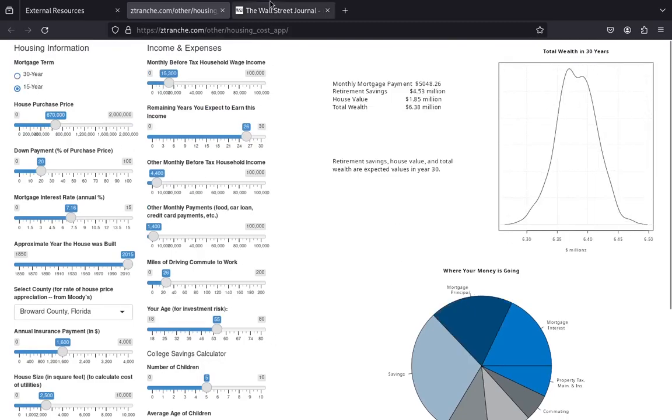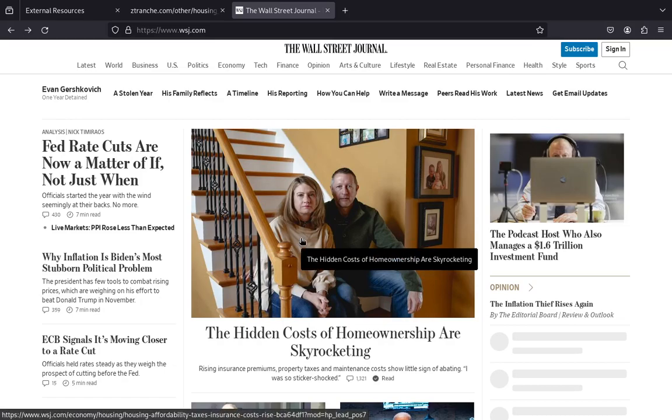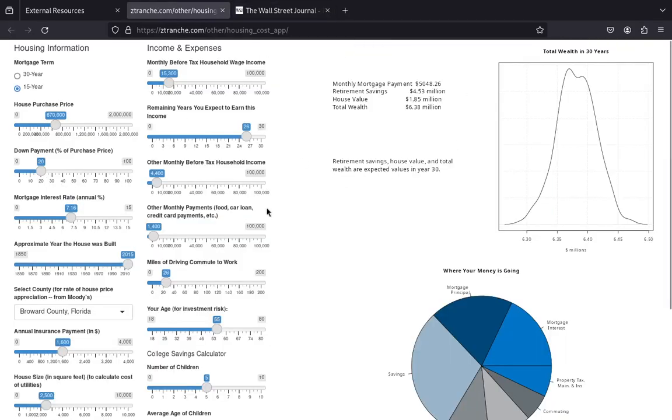So if you get a chance, definitely check out this article. Like I said, sometimes you see good stuff from the Wall Street Journal, and absolutely this is something that housing finance folks have discussed for quite some time. It's why we created this app, right? So the idea here is definitely worth a read. If you get a chance, take a look at the app.